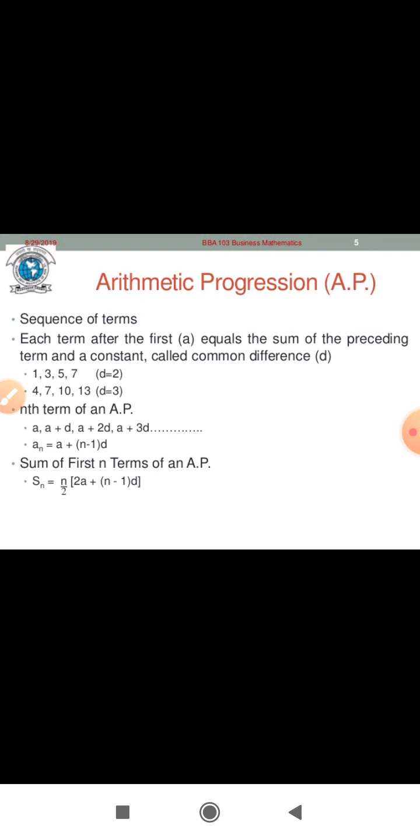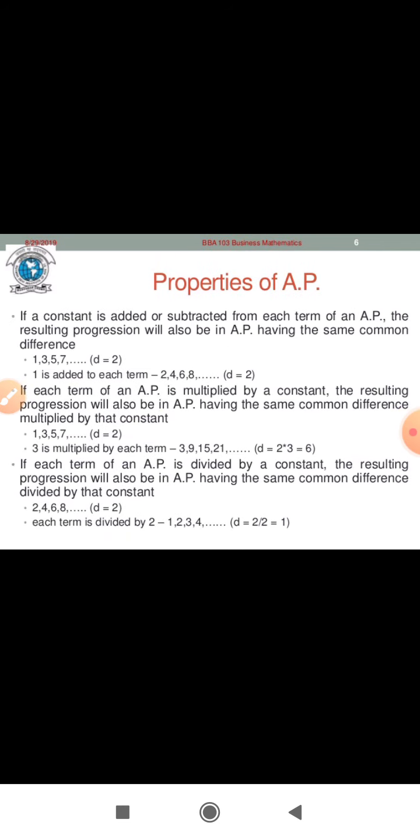So the nth term of an arithmetic progression will be A plus n minus 1 into D, where A is the first term and D is the common difference. The sum of the first n terms of an arithmetic progression will be Sn is equal to n by 2 bracket 2A plus n minus 1 into D.